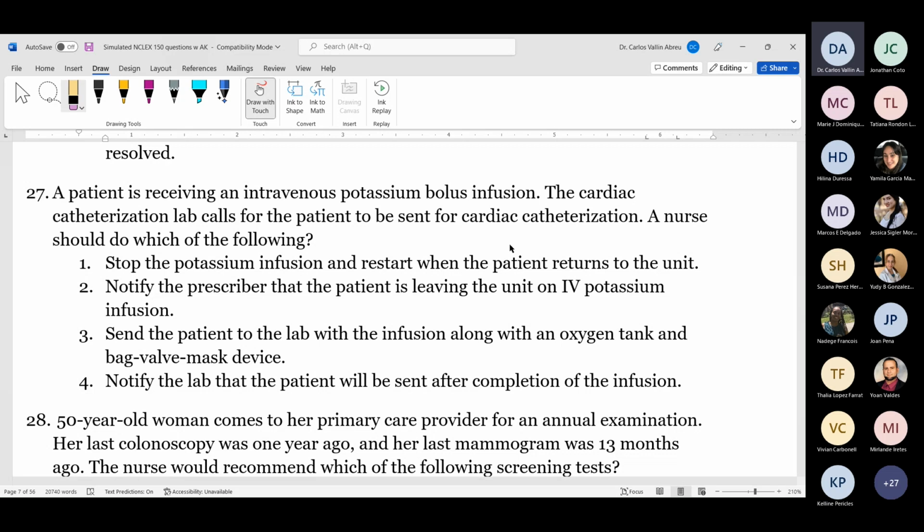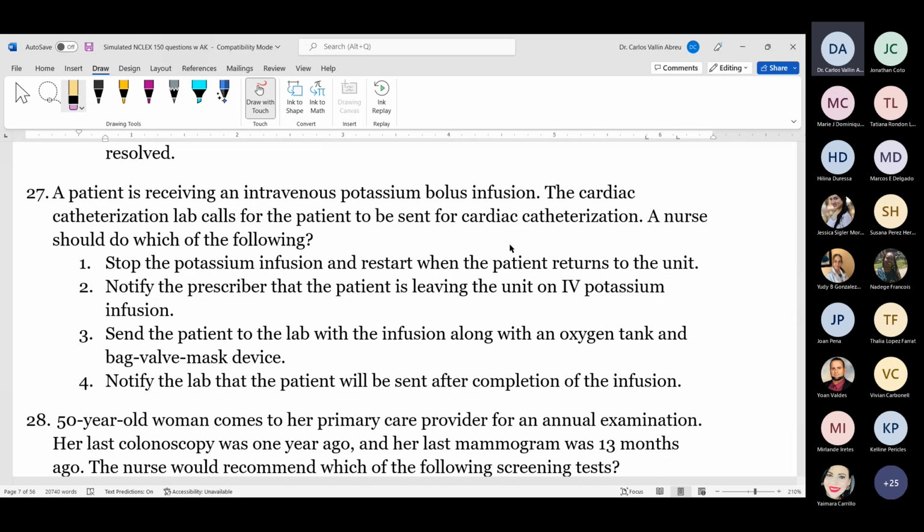A patient is receiving an intravenous potassium bolus infusion. So probably what we can assume is the patient had low potassium and is receiving, by doctor's order, an intravenous amount of potassium.